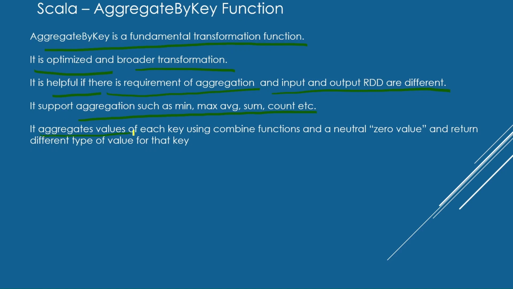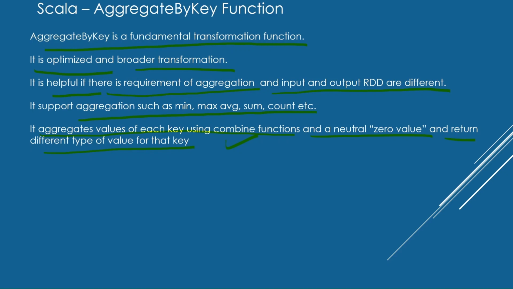It aggregates the value of each key using a combine function and a neutral zero value, and returns a different type of value for that key. What does it mean? It means that whenever we apply aggregateByKey on top of an RDD, with the help of a combine function, it aggregates the values from each and every partition, or for each and every key.